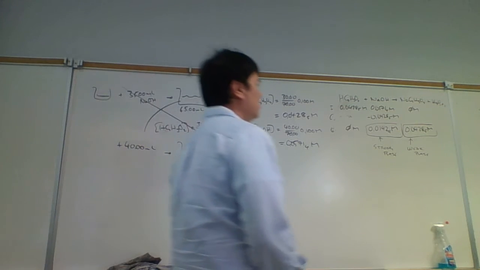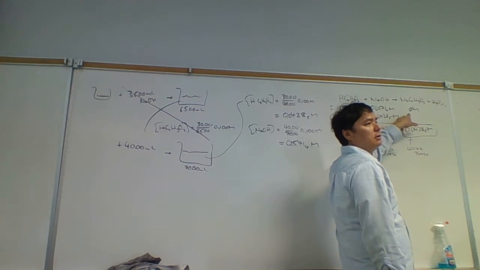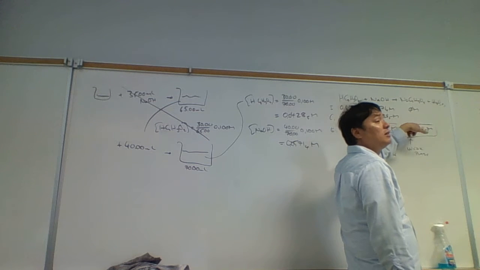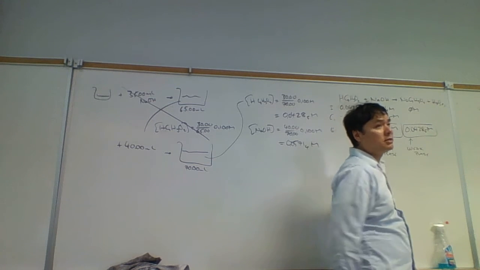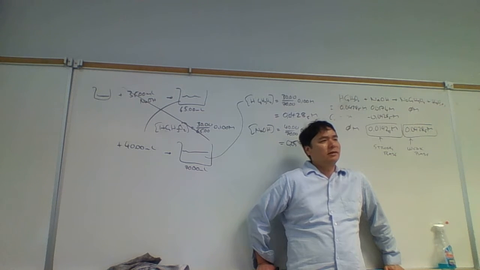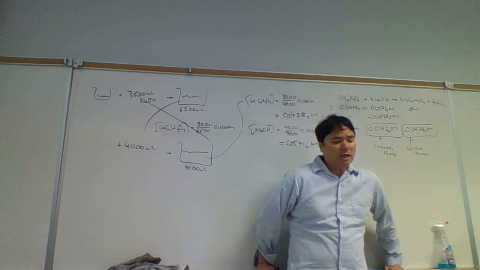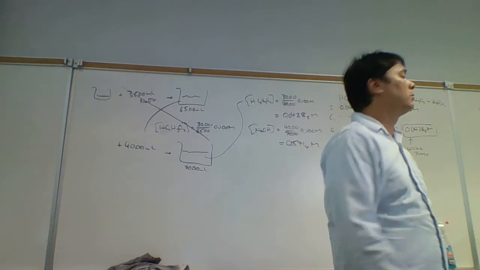And one reason why is, what is Kb for acetate? 10 to the minus 10. 10 to the minus 10 is not very strong as far as base. And so with a Kb of 10 to the minus 10, I would say acetate is going to be totally insignificant.